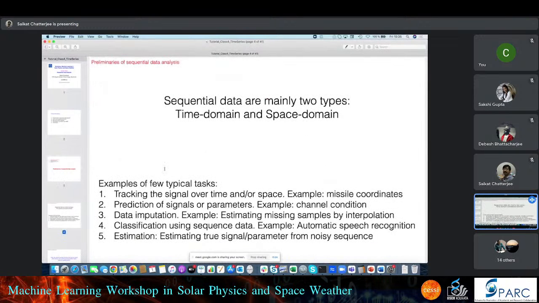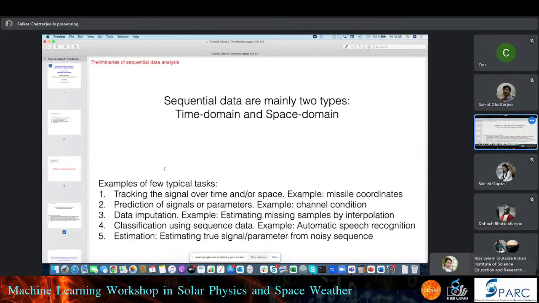Sequential data analysis is mainly of two types, typically time domain and space domain, but of course you can use other domains if you have access to them. Examples of some typical tasks for time domain or space domain sequential data analysis are tracking the signal over time or space.